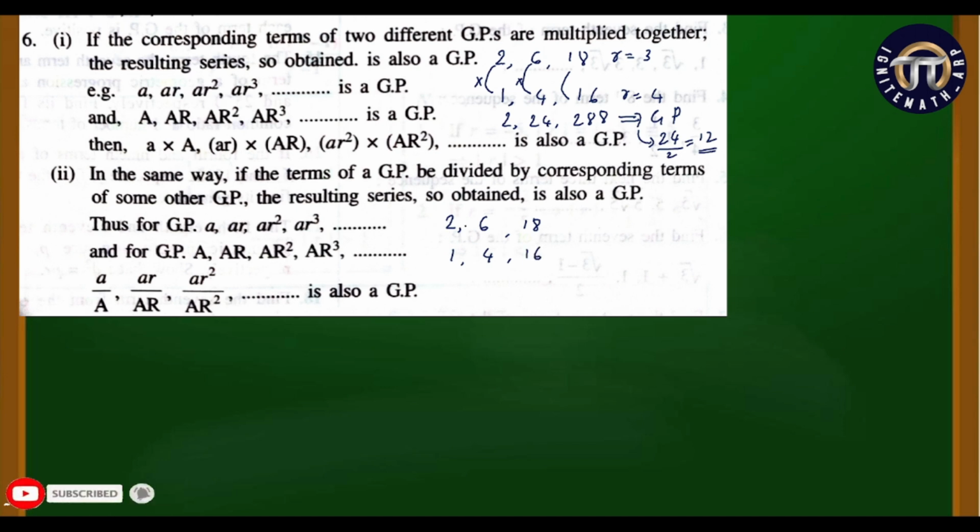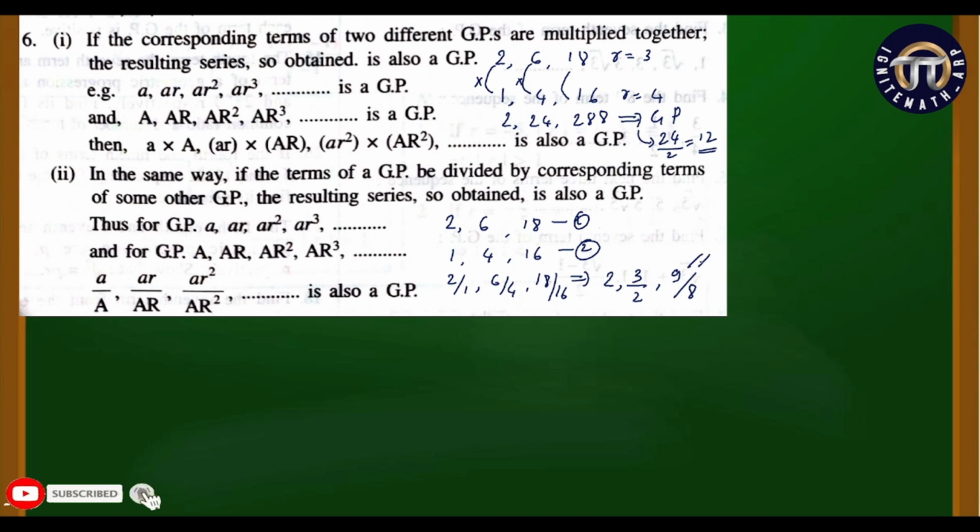I divide the first GP by the second GP. So I'll get 2 by 1, then 6 by 4, then 18 by 16. So what I get is 2, then 3 by 2, then 9 by 8.